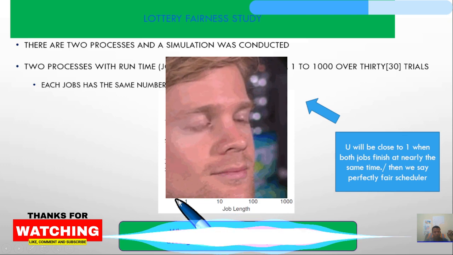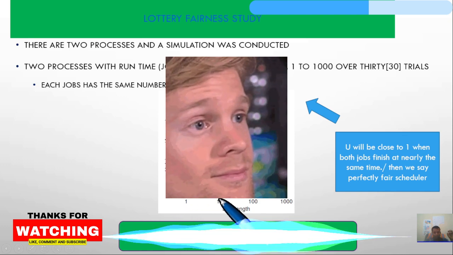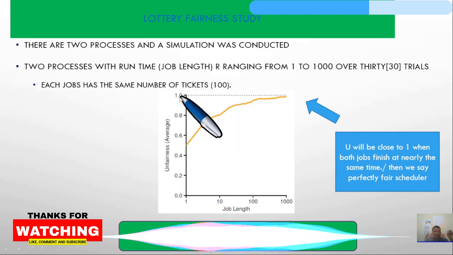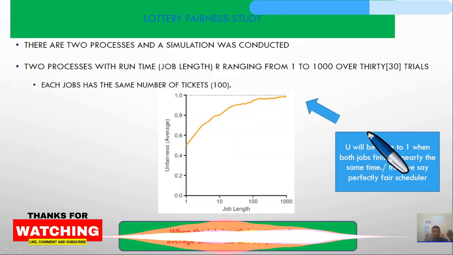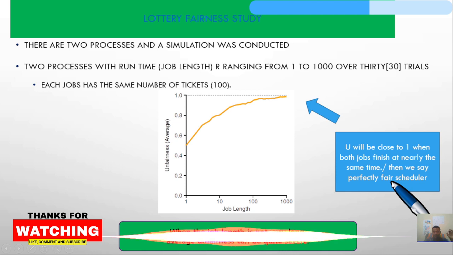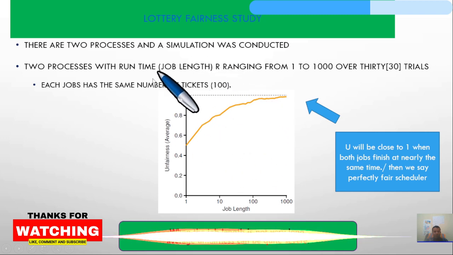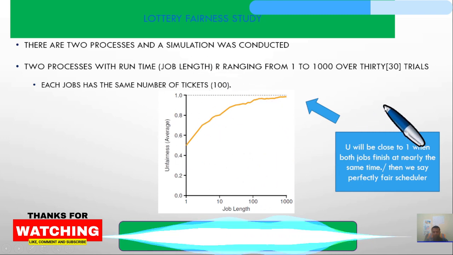When the job length goes up to 1000, as you can see, the result becomes 1. Then we can say it is in the perfectly fair scheduling region. So this is a simple study, but it shows you what a perfectly fair scheduler is.